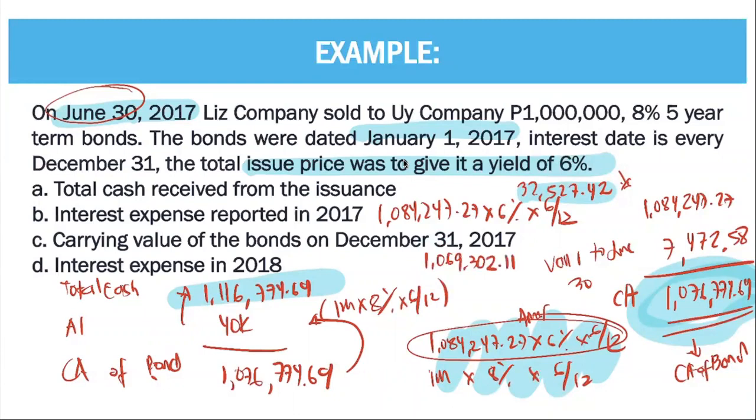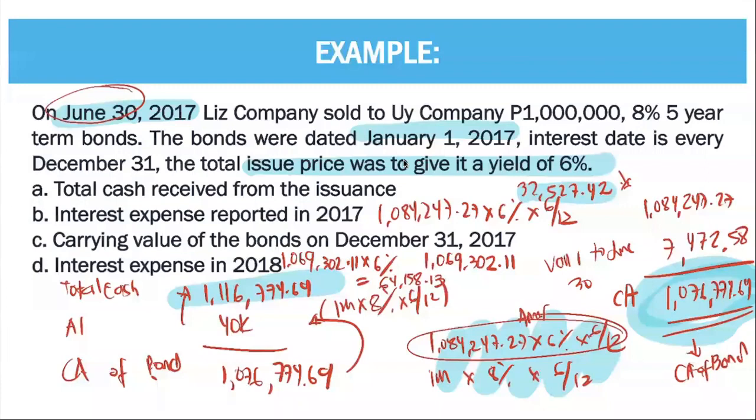In your interest expense, alam nyo naman na yan, 1,069,302.11 multiplied by 6%. 64,158.13. Okay, that's it for accrued interest.